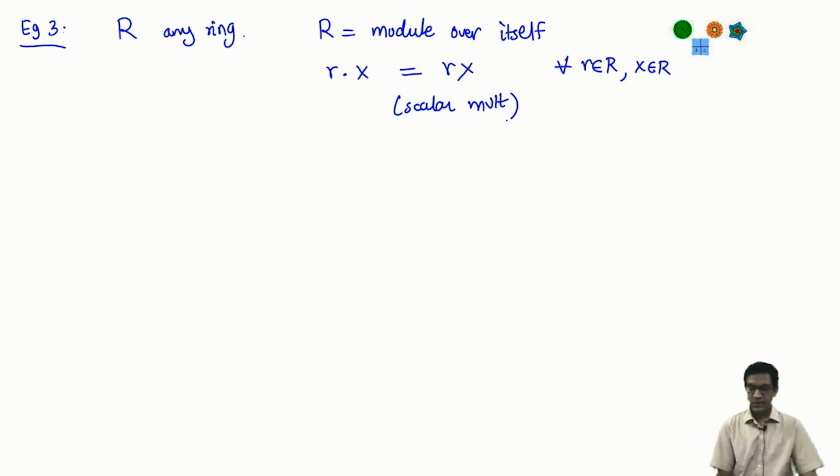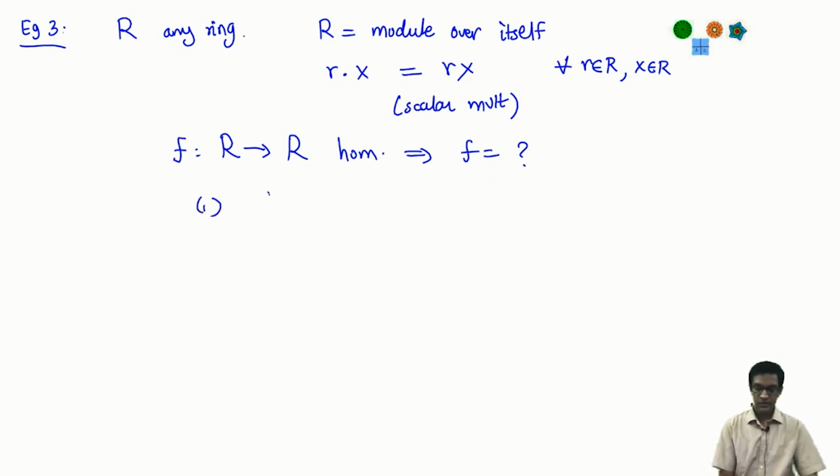Now let's ask, when you think of R as a module over itself in this manner, what are homomorphisms from R to R? So I want to know, if f is a homomorphism, then what can I conclude about f? What sorts of possibilities are there? So let's again plug into the definition.